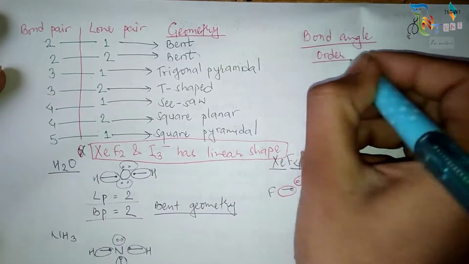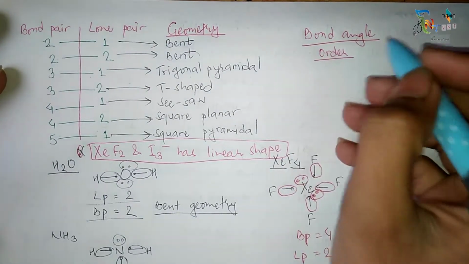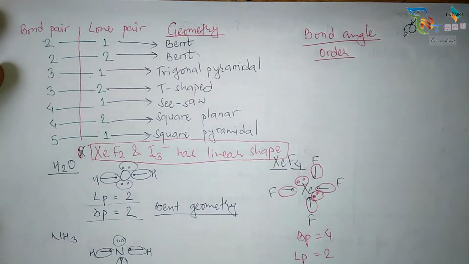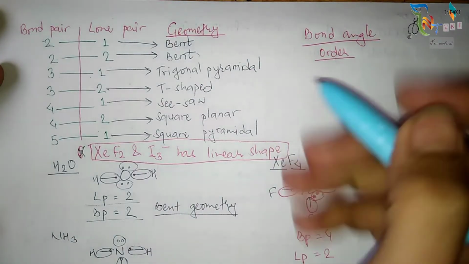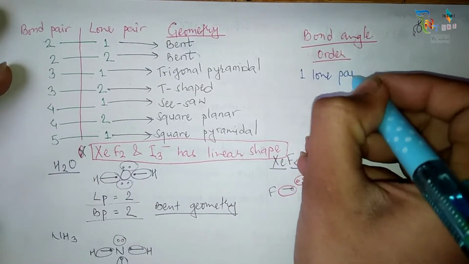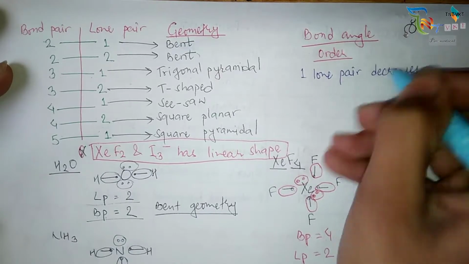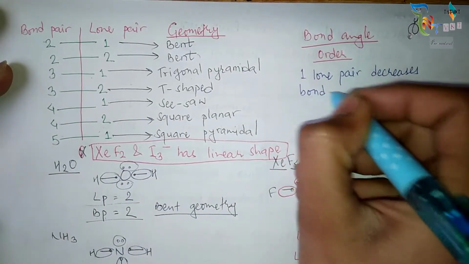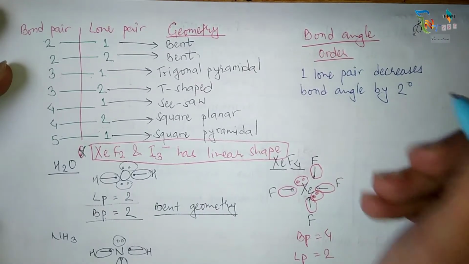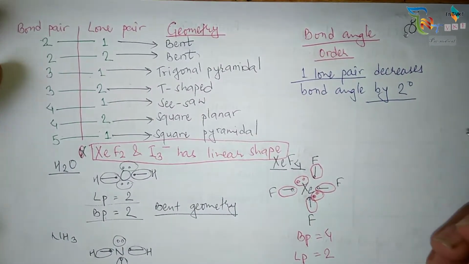Three compounds are given and you must arrange them in order of bond angle. The easiest trick is that one lone pair decreases the bond angle by 2 degrees.